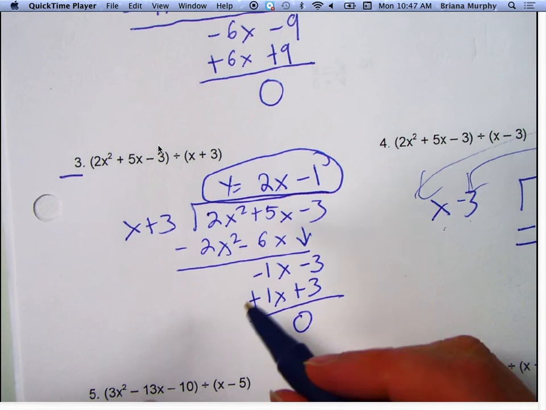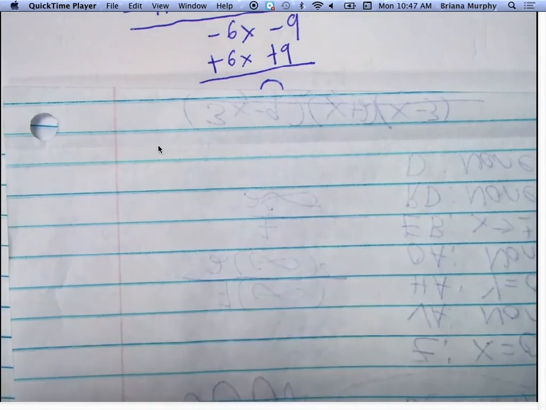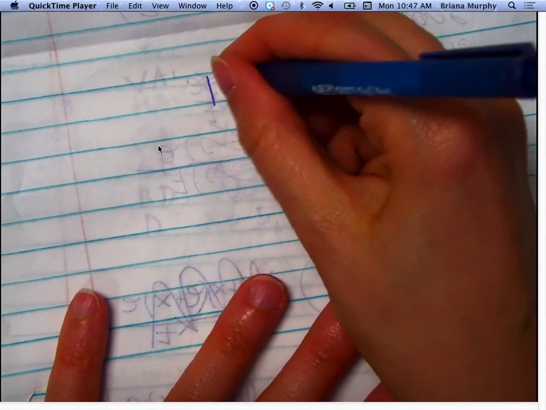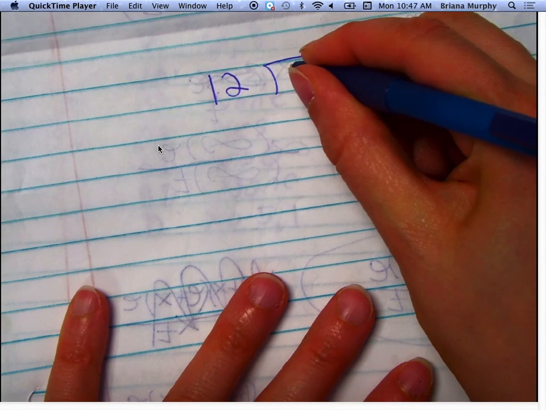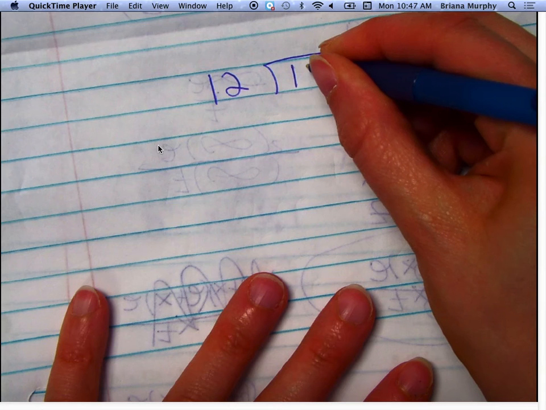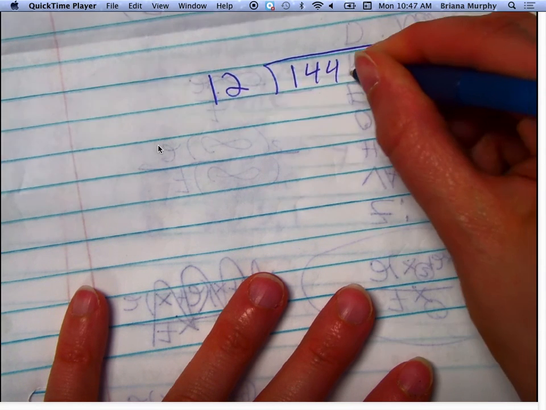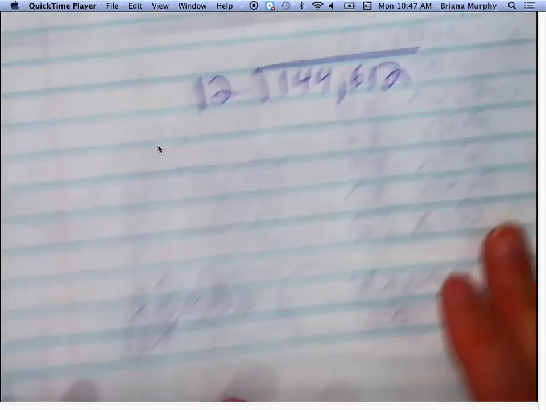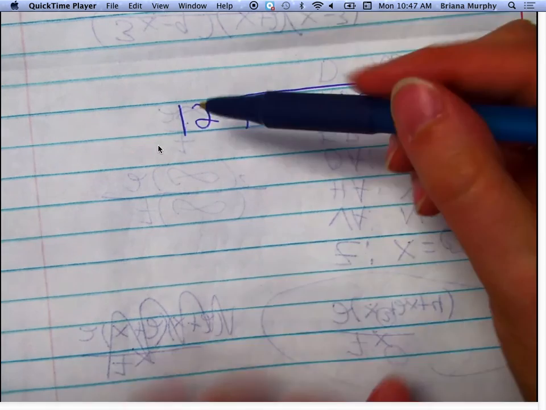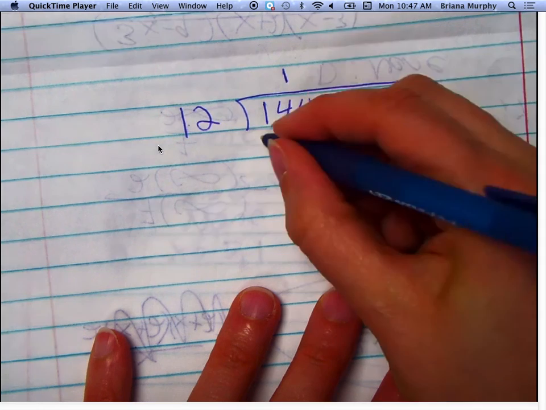Because remember, with division, we have to subtract. If I'm going to take 144,612 divided by 12, I'm going to say 12 goes into 14 one time. 1 times 12 is 12.